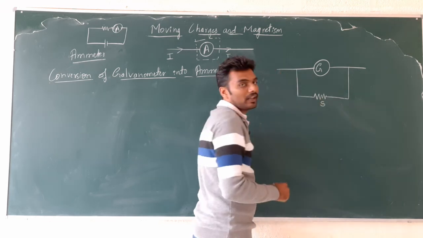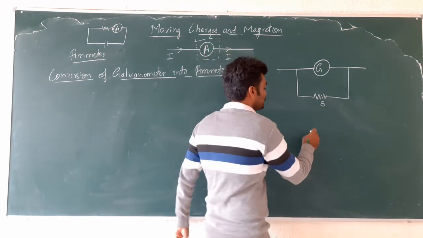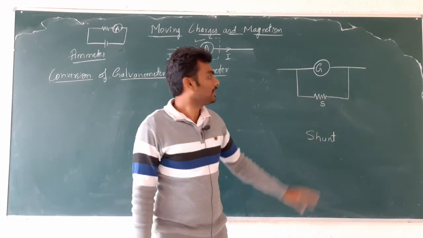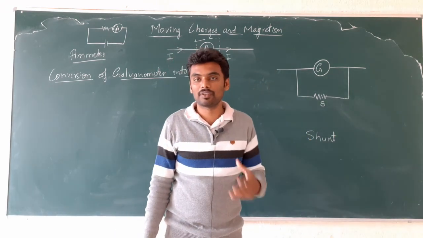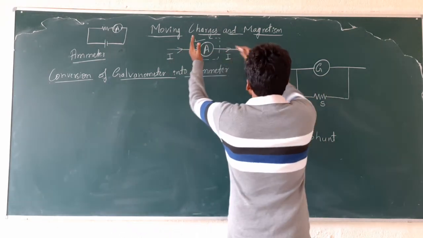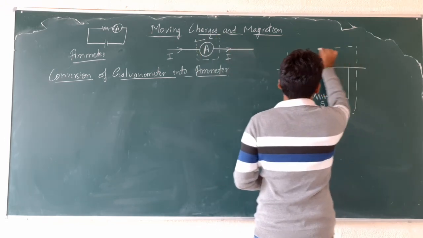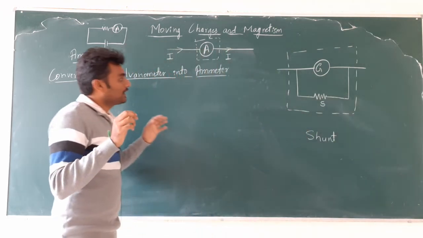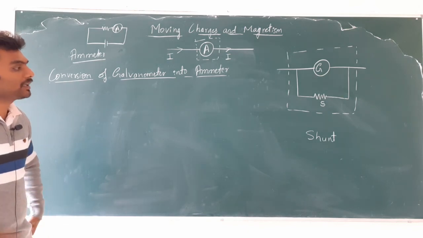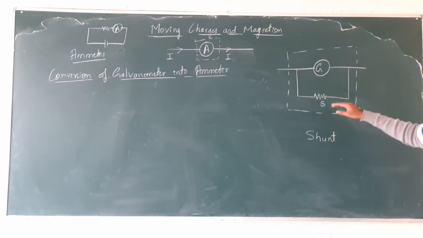That low resistance connected in parallel is named the shunt, S-H-U-N-T. So what is a shunt? A shunt is a low resistance connected in parallel with the galvanometer for the conversion of the galvanometer into an ammeter. So this ammeter inside looks like this. That is how a galvanometer is converted into an ammeter, by connecting a low resistance called a shunt in parallel with the galvanometer.